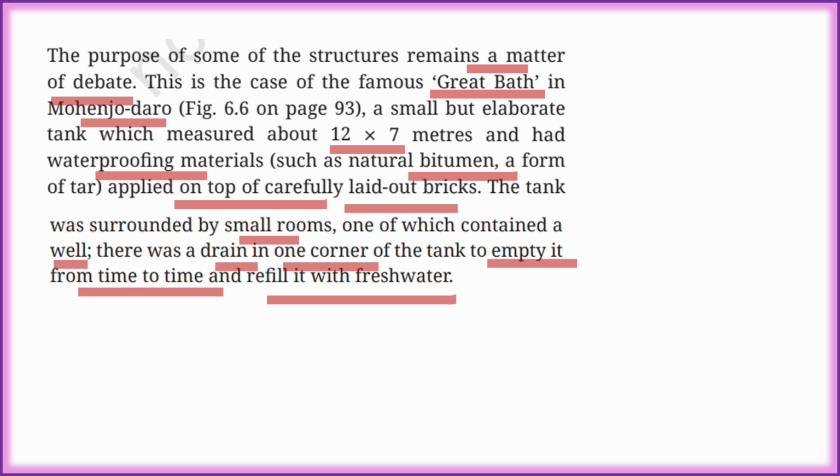Why do you think a well was near the tank? To get clean water. Then there was a drain in one corner of the tank. What was the purpose of that drain? This drain was used to remove old water and fill the tank again with fresh water.